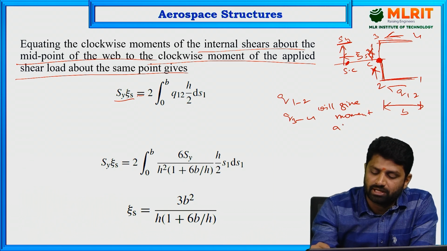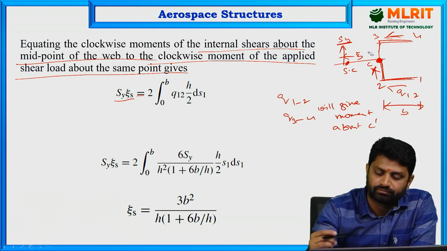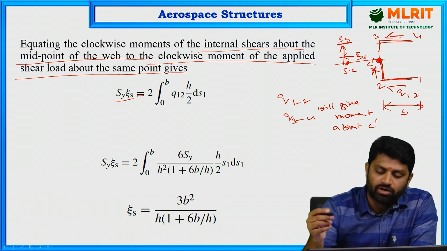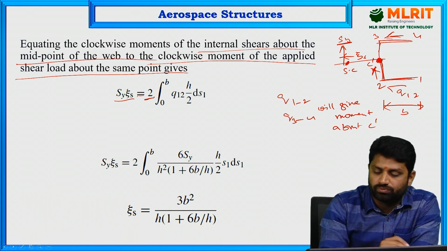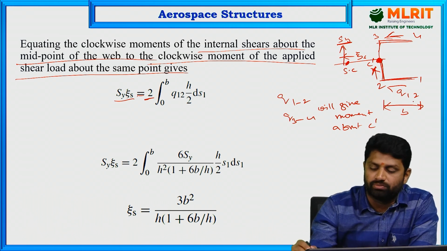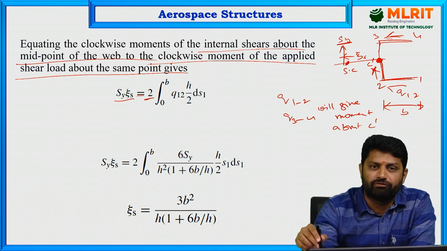They will give moment about C dash. This is C dash. So what we are doing here is writing 2 times, multiplying by 2 and writing for only 1 2, because it is symmetrical, right? So Q12 is similar to Q34.